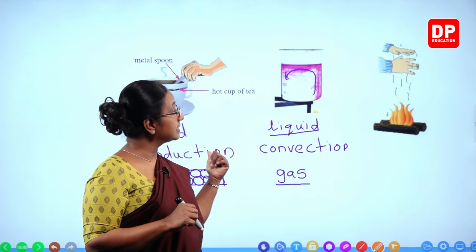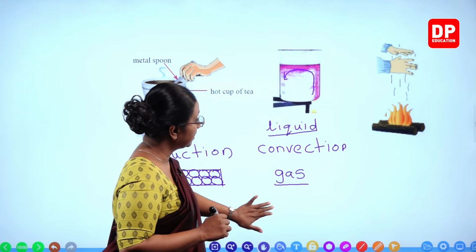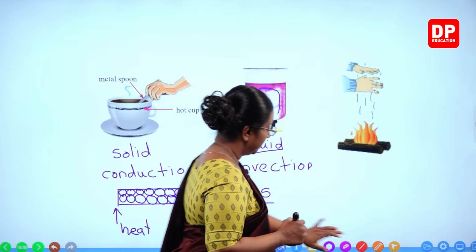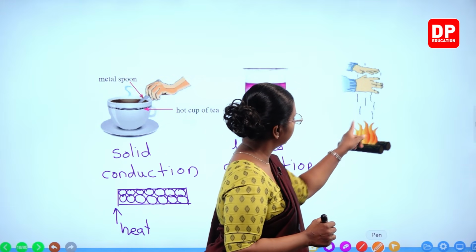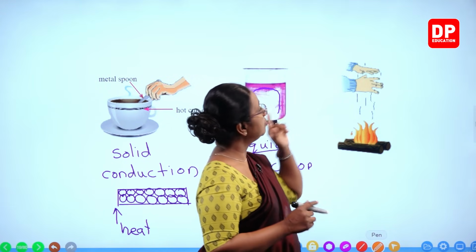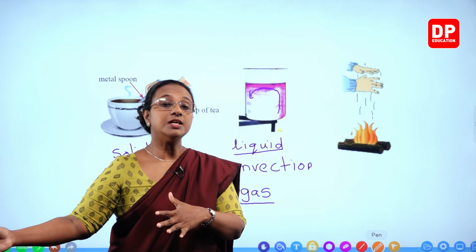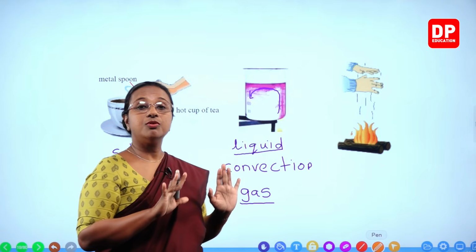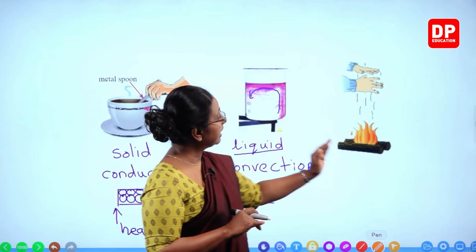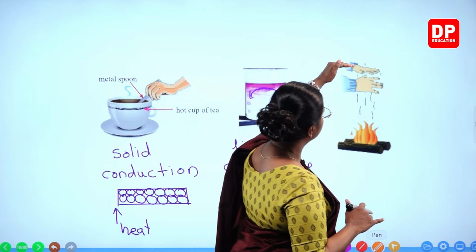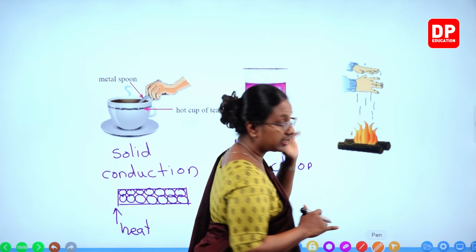In solids, it's conduction. Then you can see the last diagram here. Can you all see this diagram? So here what is happening? The fire is here, but when you hold the hand above it, or even if you are on the side and you hold the hands, you still get the heat. Now here of course, if it is towards the top, it is convection.